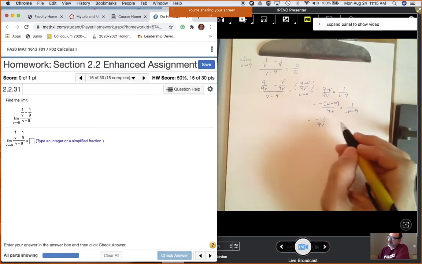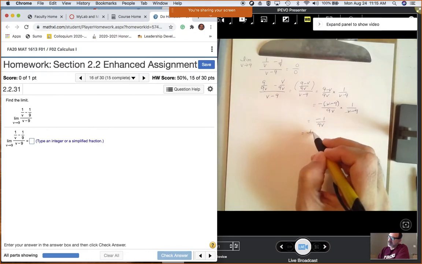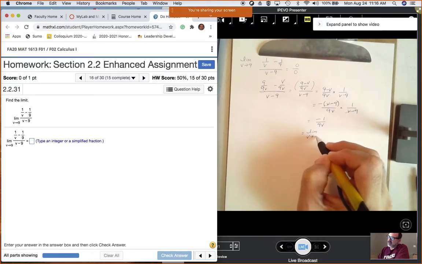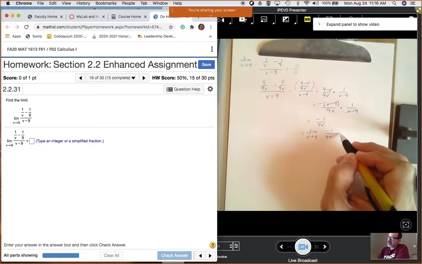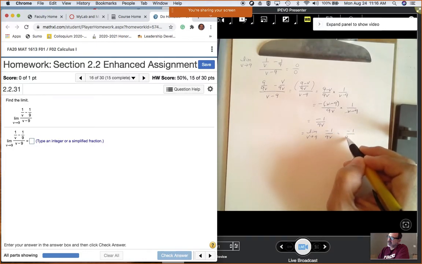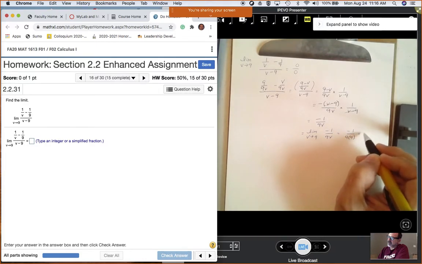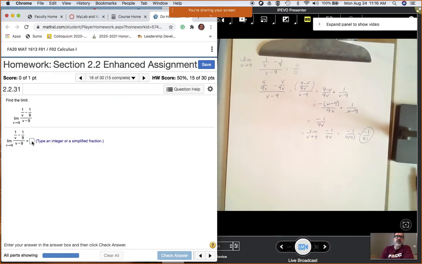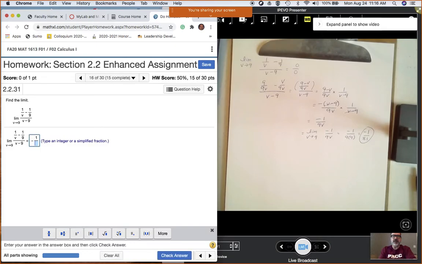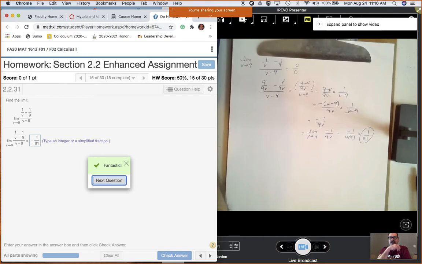Now I want the limit as v approaches 9 of negative 1 over 9v, my simplified form, which is negative 1 over 9 times 9, or negative 1 over 81. Again, what we're trying to find is the y value that the function is approaching when it's approaching the x value that's given to us.